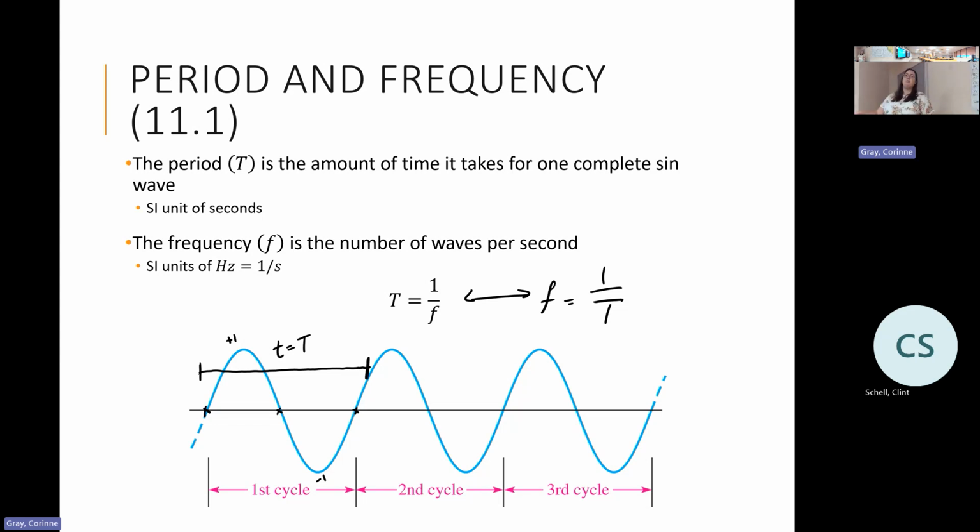So this will match circuits, this will match stuff that happens in dynamics, it'll match any sort of thing that oscillates back and forth. This terminology is the same. Any questions about frequency and period?